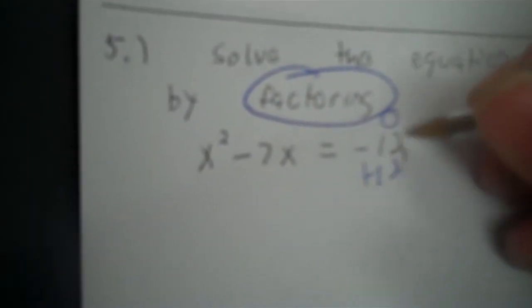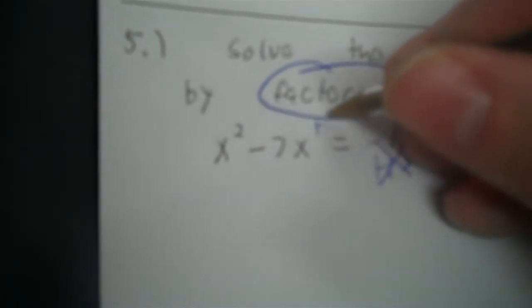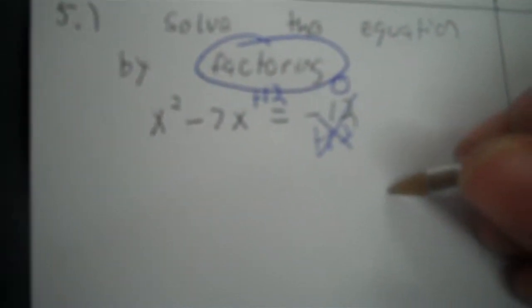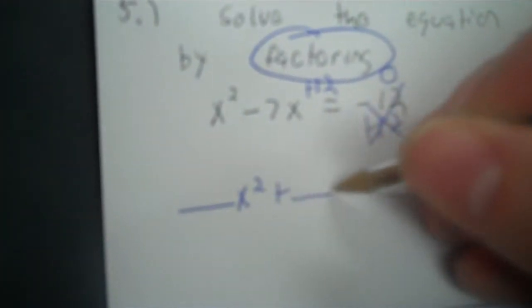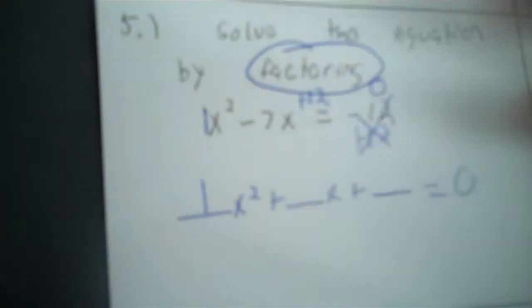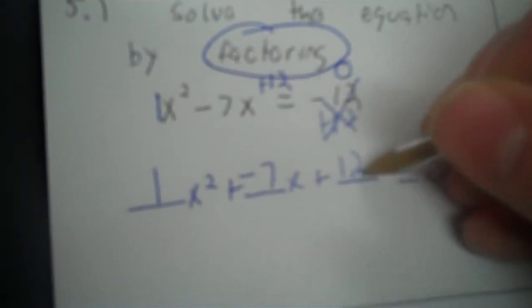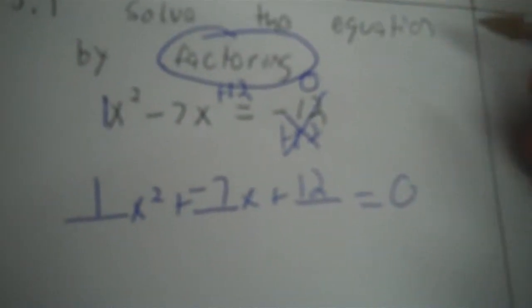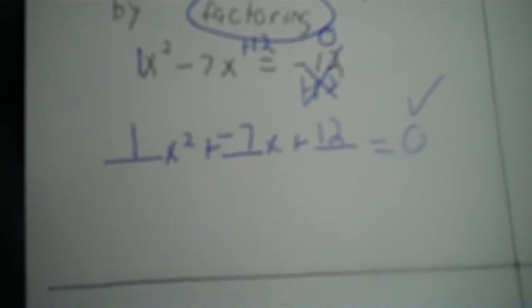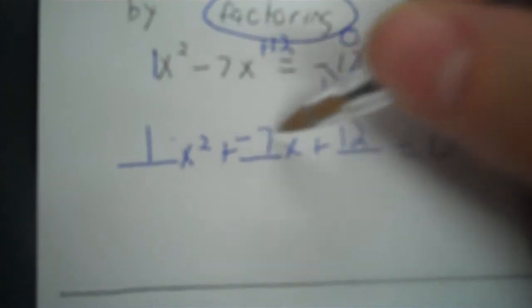So you need to add 12, and then you would just end up hanging it because it doesn't go with anything. So blank x second plus blank x plus blank. So x this second would be a 1, x would be a -7, and the constant would be 12. Now that we're at 0, how many terms does this have? 1, 2, 3, so it has 3 terms.